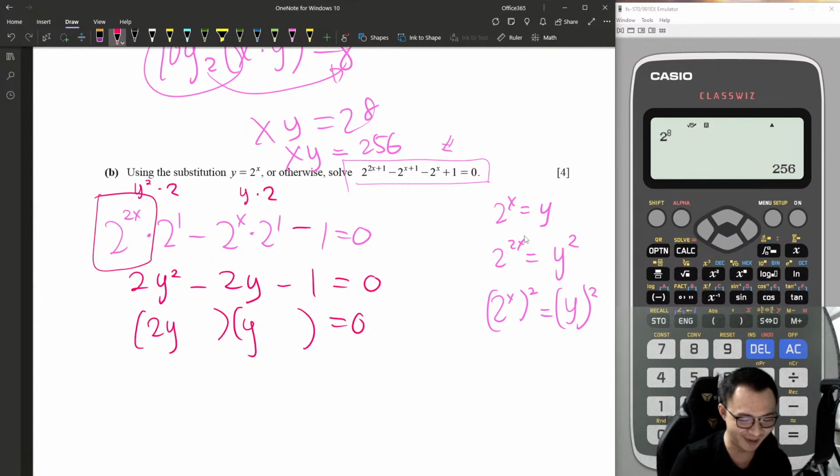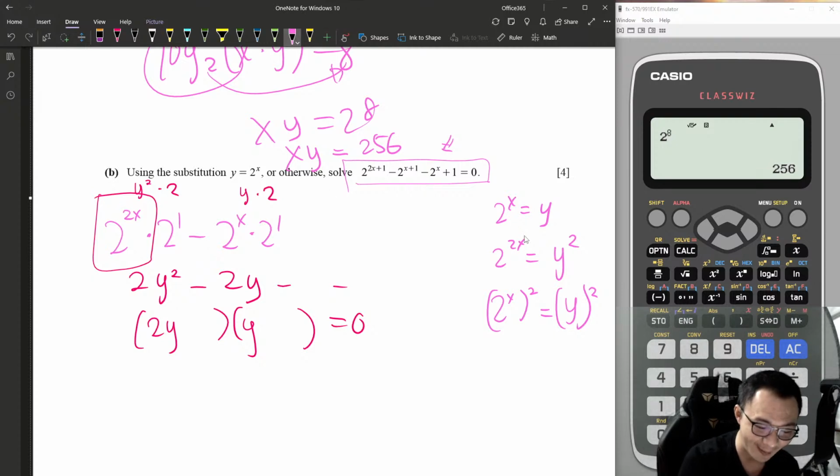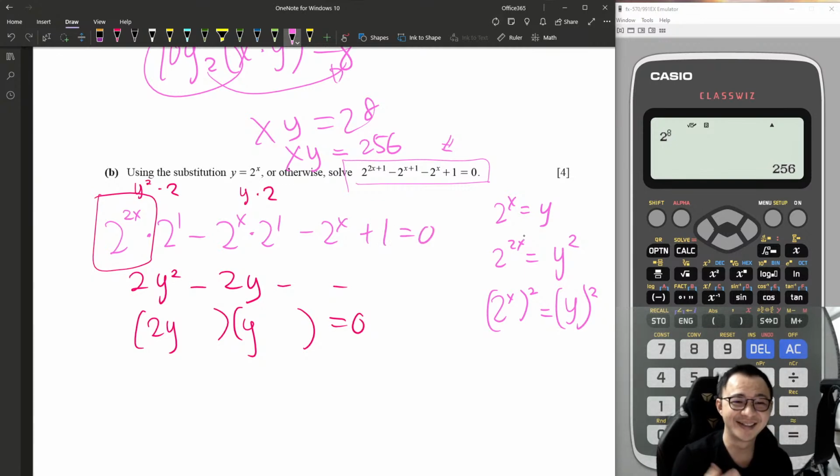Will it be better, minus 1? No, this is plus. Oh, sorry. Minus. Okay, I copy. Here actually we have something like minus 2x plus 1. No wonder. Yeah, so you miss a 2 power x. Yeah, I saw it. No wonder the whole equation looks so weird to me.